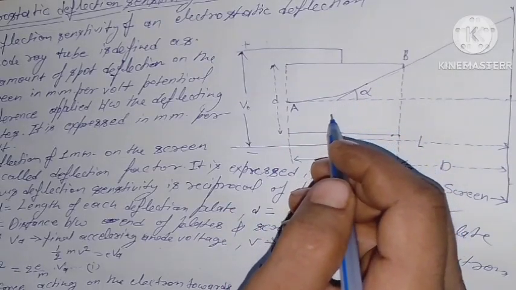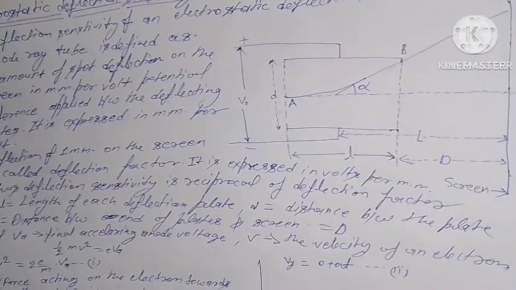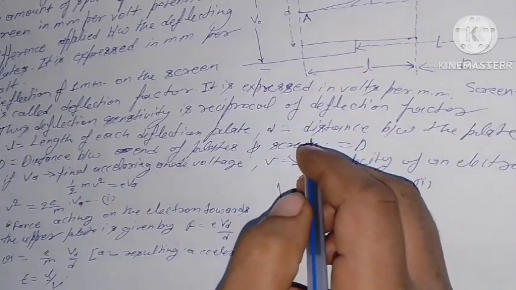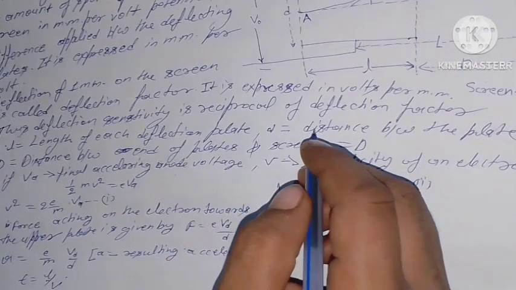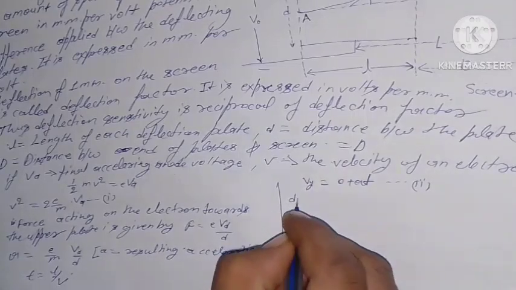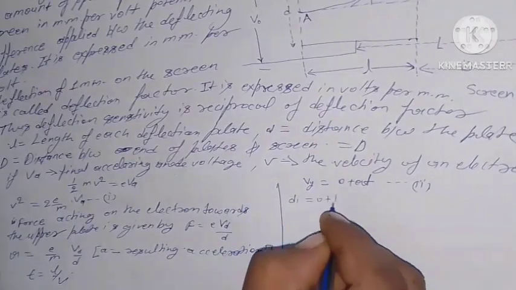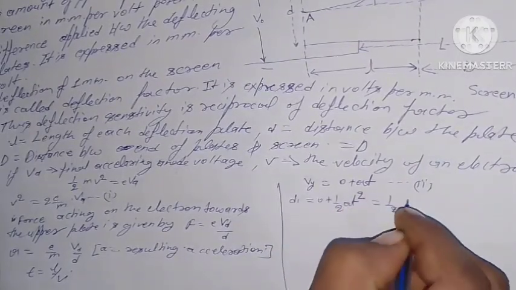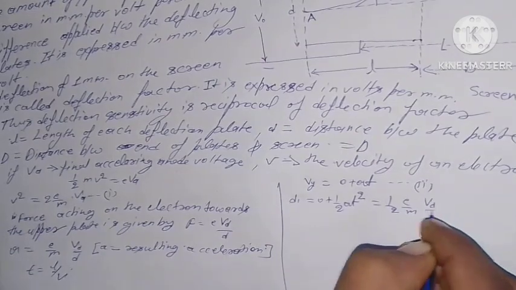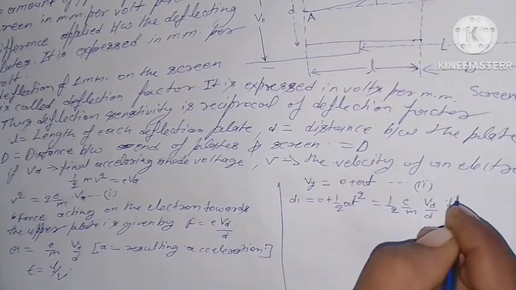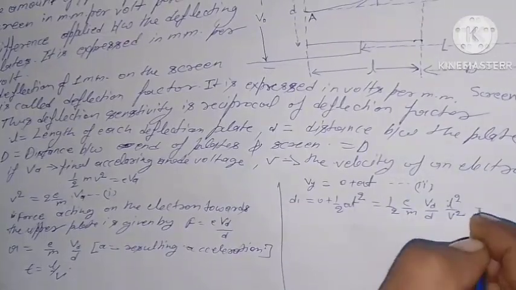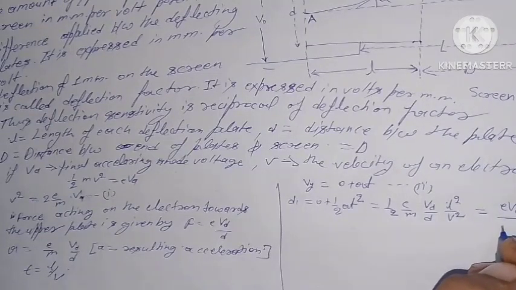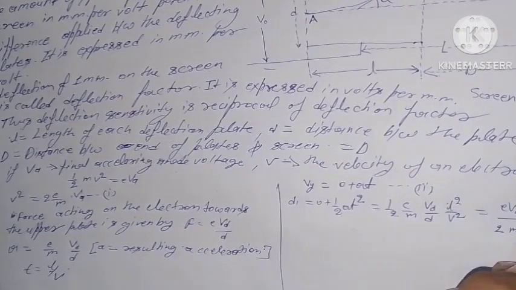Vertically upward displacement d1 during the time interval t is given by d1 equal to 0 plus half at square equal to 1 by 2 e by m Vd upon d into L square upon v square, that is eVd L square upon 2 m v square d.